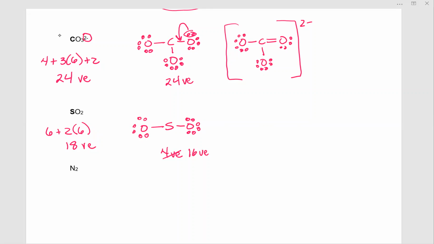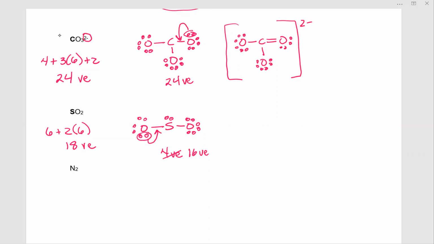We still need more on sulfur because sulfur only has 4 right now. We still have 2 left, so we're going to plop 2 on. There we go. Sulfur still only has 6 electrons. So what we are going to have to do is to share a pair. All right. So notice sulfur only has 6 valence electrons. It must have 8 in the final structure.